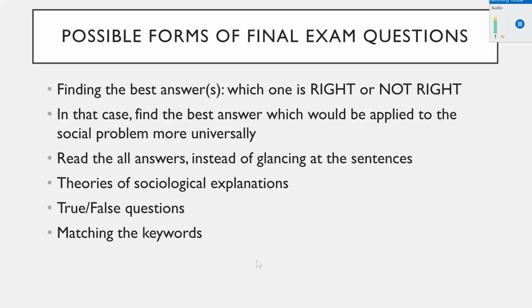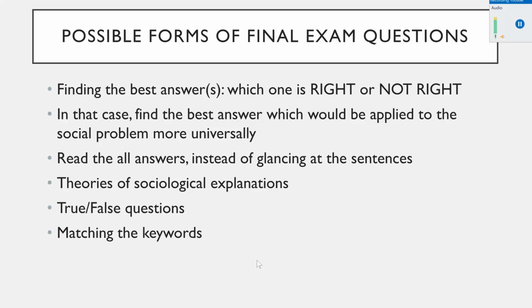And theories of sociological explanations. We covered sociological explanations in almost all the chapters, so I want to see what the functionalism perspective, conflict theory perspective, or symbolic interactionism perspective is in that social problem. And there are true false questions, choosing whether a statement is more true or more false.